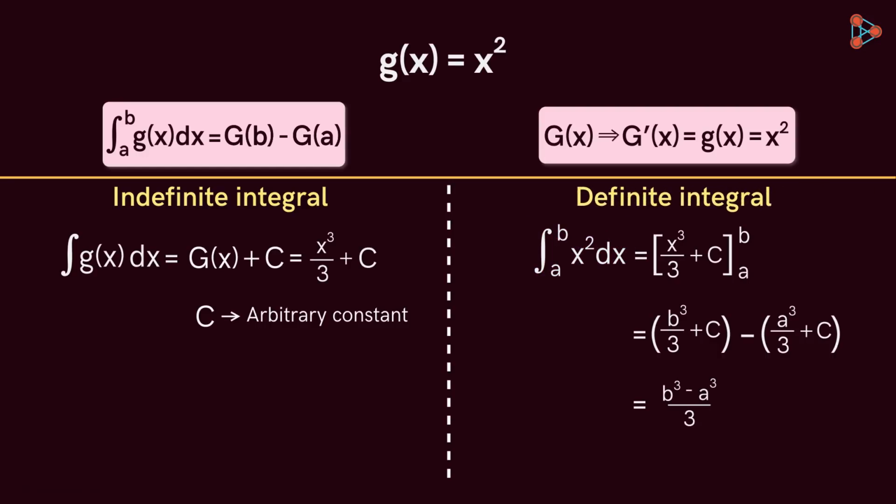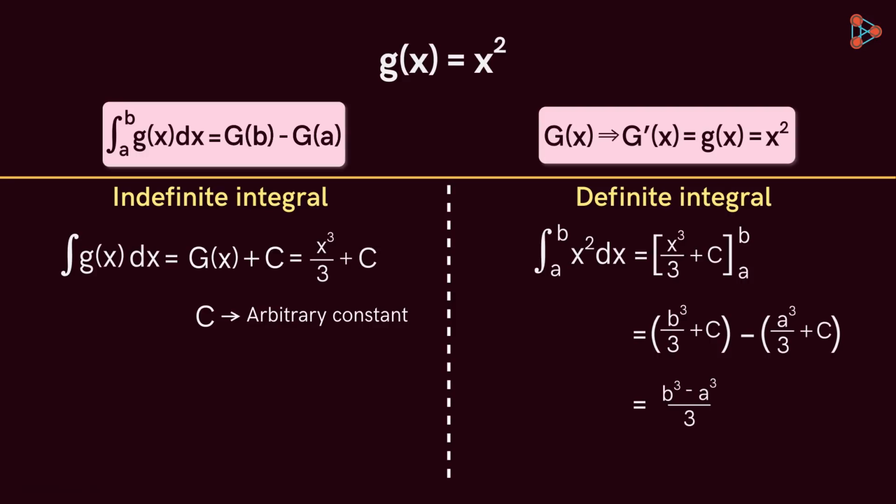Let's quickly review the whole process. To find the definite integral of the function, we first find its indefinite integral. Now to find the indefinite integral of the function g of x, we find a function capital G of x such that its derivative is equal to g of x. And now to find the definite integral, we just have to evaluate it at the limits of integration.